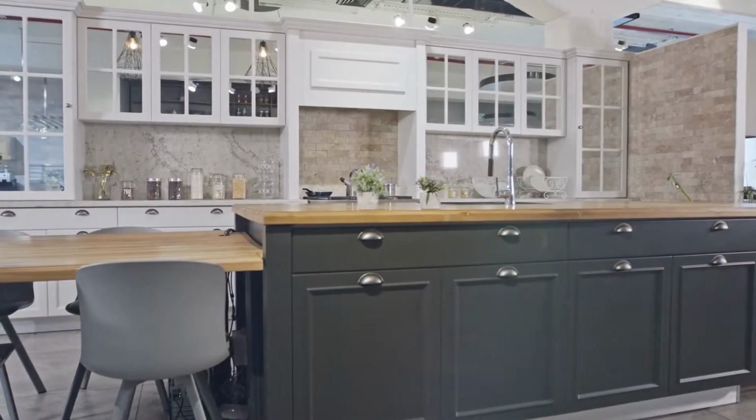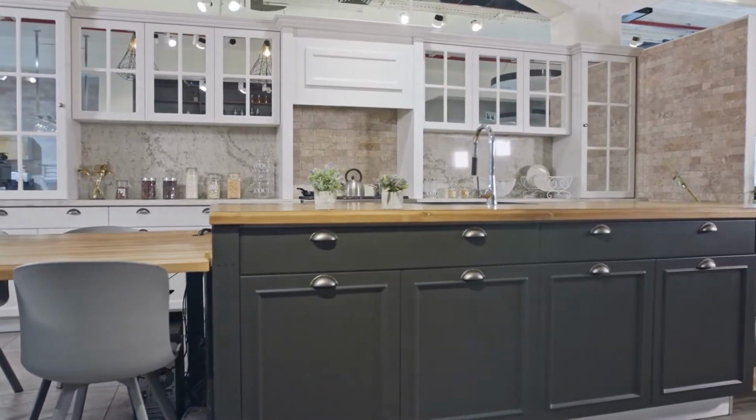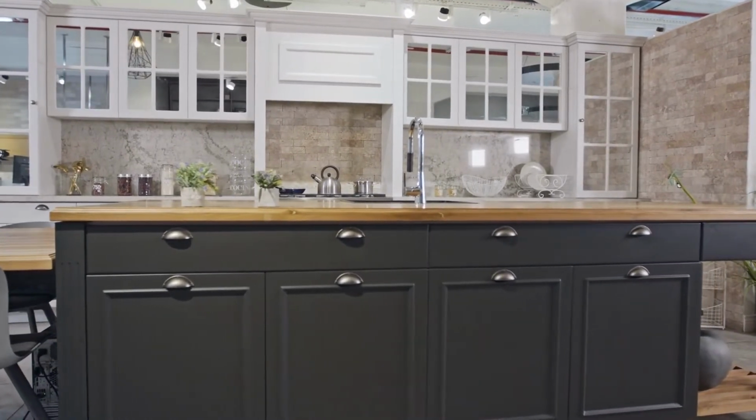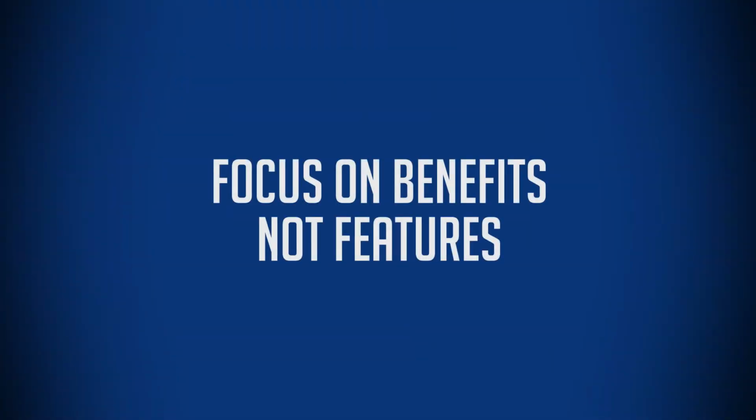How do you feel? Large great room, lots of space for families. You want to be as descriptive as possible. If you have a beautiful kitchen, chef-style kitchen, open concept, whatever the things are that help the potential tenant visualize the actual property. And the key here is to focus on benefits and not features.